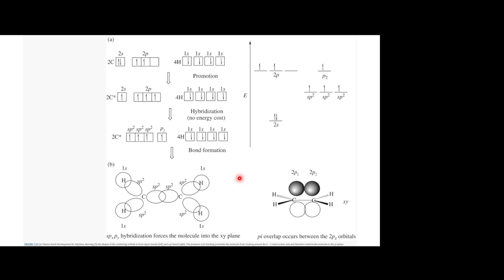And that's actually what you're seeing right here. This is the overlapping 2pz and 2pz on these two carbons here, right? And so this is your spxpy hybridization. Again, this is going to force this molecule into the xy plane here, right? Because your double bond, your pi bond, is going to be above and below. And everybody sees that in the one plane, right?